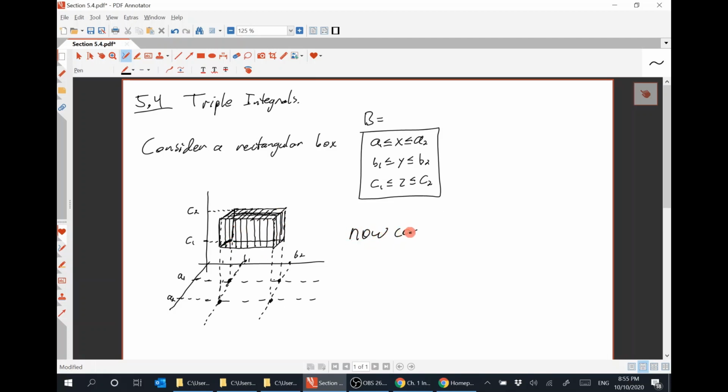Now consider a three-variable function, w equal to f of x, y, z on B. And what should f represent?